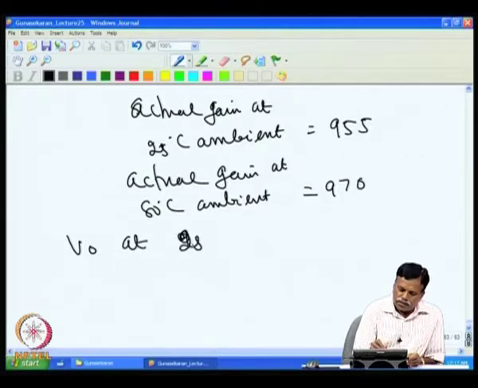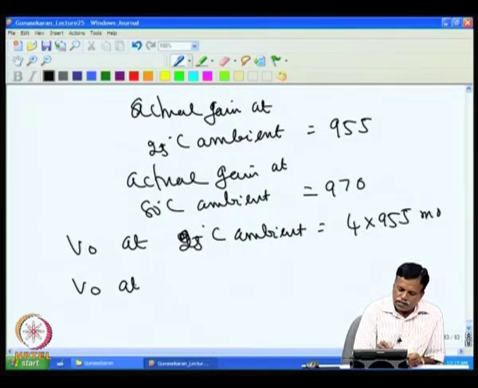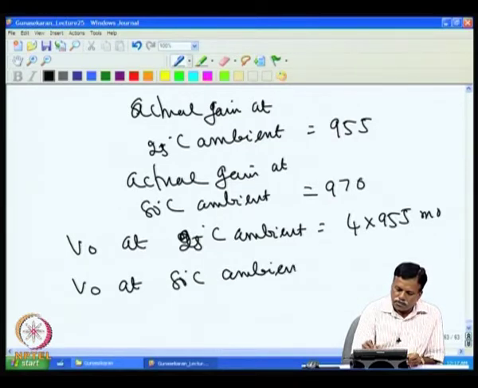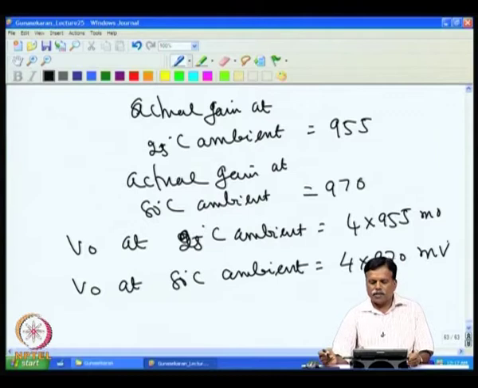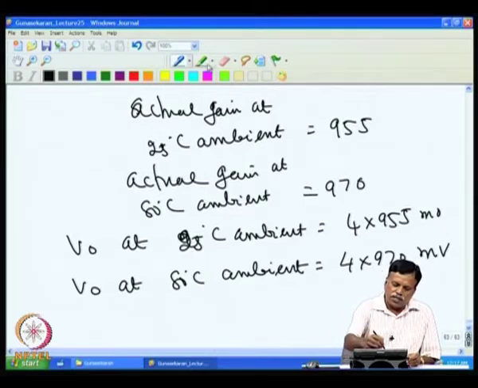25 degree C ambient would be 4 into 955 millivolt. V0 at 80 degree ambient would be 4 into 970 millivolt, which actually means it appears as if, as the ambient temperature increases, the output voltage also increases.